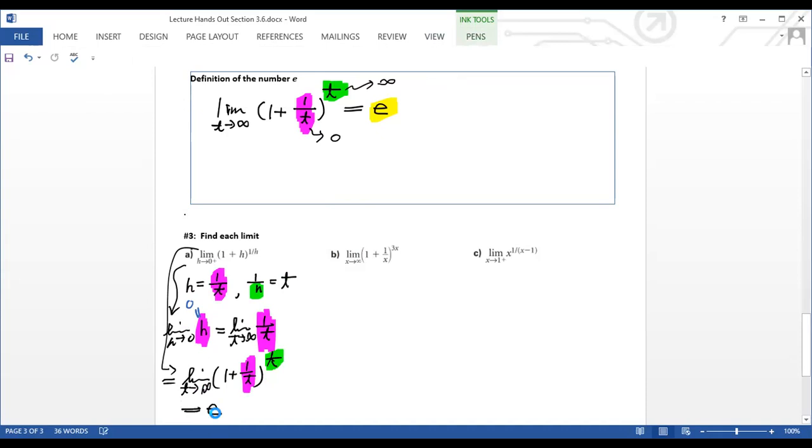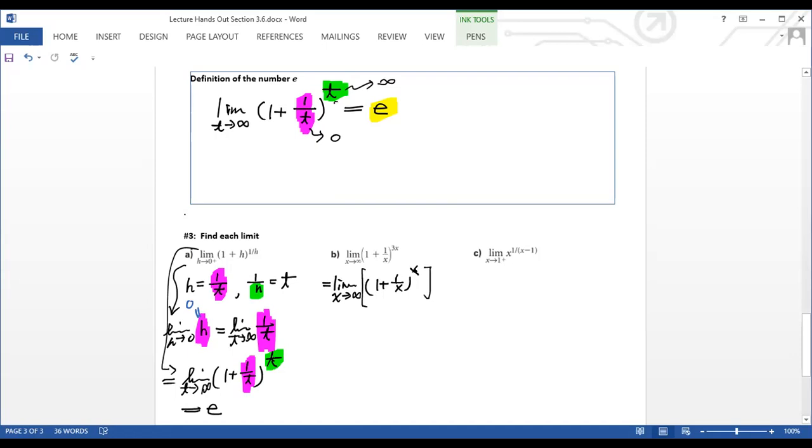Okay. So now let's take a look at the next one here. This is the limit of 1 plus 1 over x to the 3x. You say, oh, this one looks pretty similar because x approaches infinity. So x is kind of like my t, right? So let me rewrite to see if I can match this definition. So this is x approaching infinity, 1 plus 1 over x. Based on my definition, I only have t here, so I only have x here.